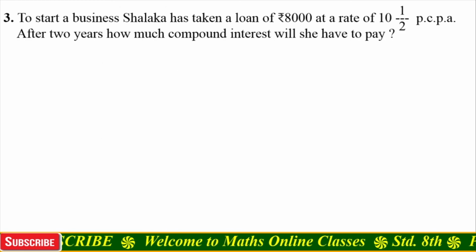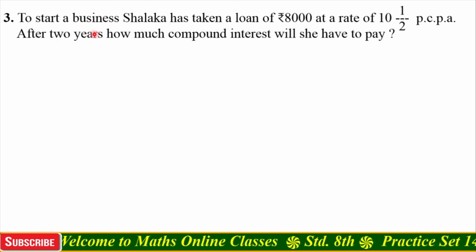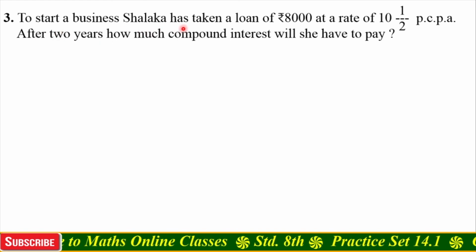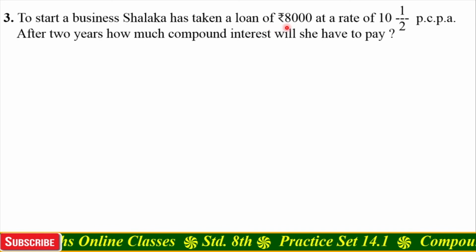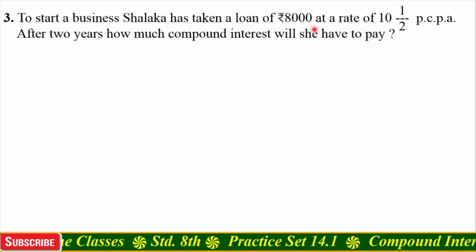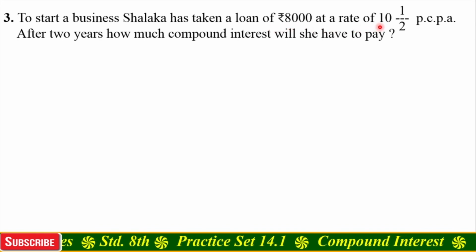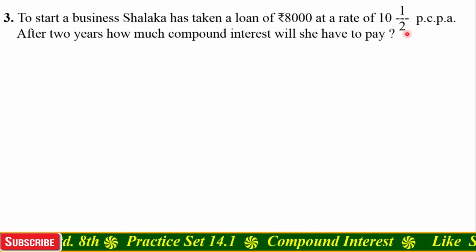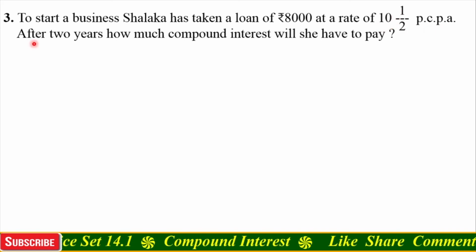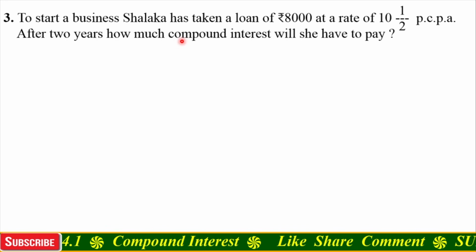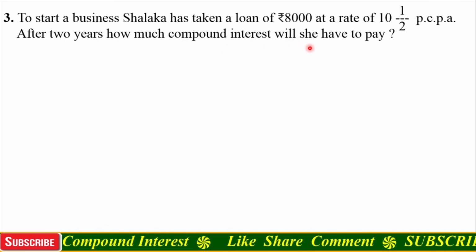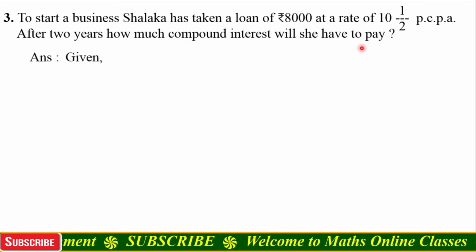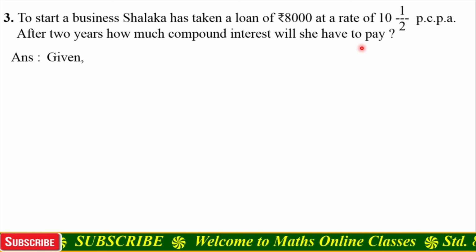Next question, question number 3. To start a business, Shalaka has taken a loan of rupees 8,000 at the rate of 10.5 PCPA. After 2 years, how much compound interest will she have to pay? Again we'll write down here given things.